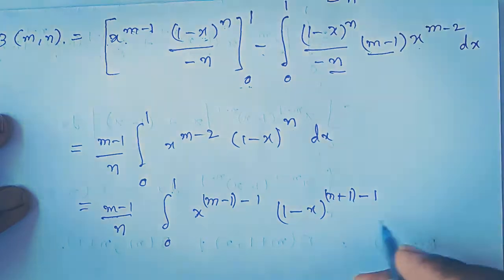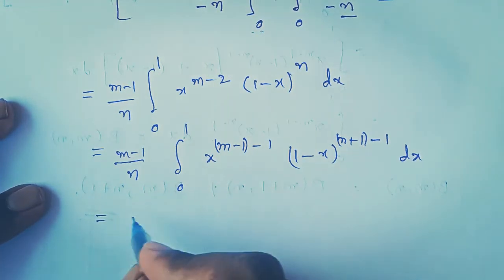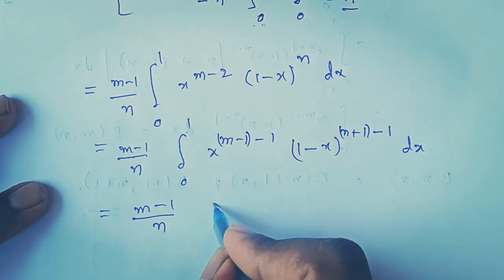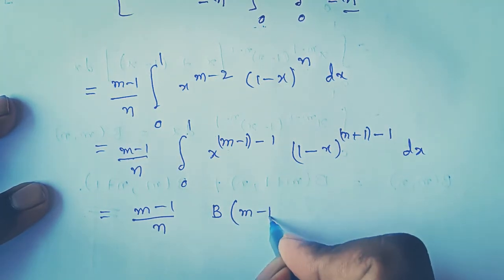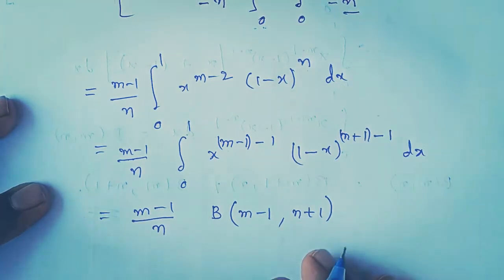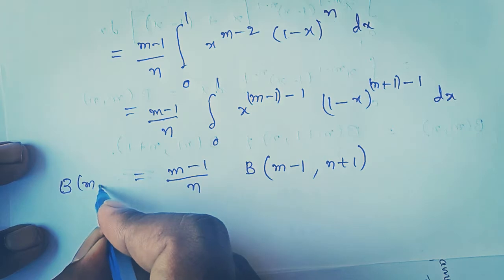Clearly it is (m-1)/n into B of (m-1, n+1). Okay, this is B of m, n.